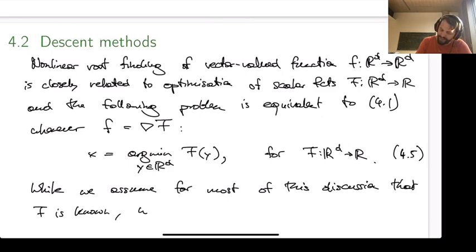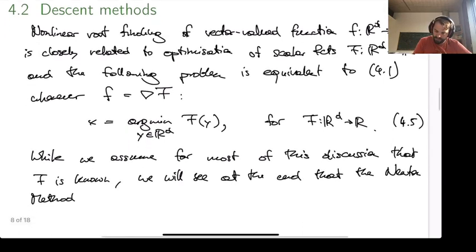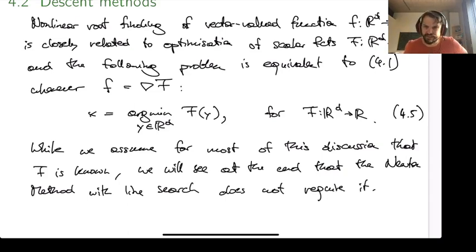I will show at the end that it is actually not required, that the final method that we're going to come up with, the Newton method with line search, does not actually require it explicitly. So we just have to know that there exists a capital F such that little f can be written as the gradient of capital F.